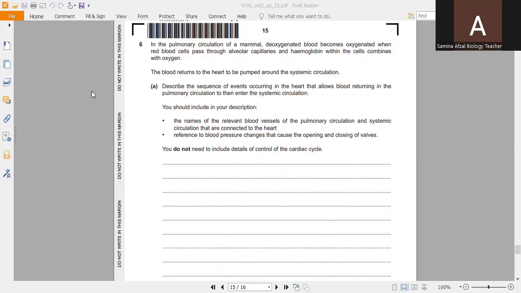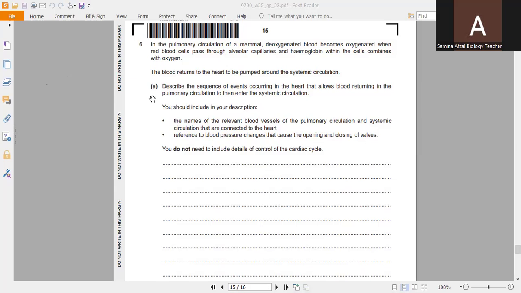Describe the sequence of events occurring in the heart that allows blood returning in the pulmonary circulation to then enter the systemic circulation. You should include in your description the names of the relevant blood vessels of the pulmonary circulation and systemic circulation that are connected to the heart. Refer to blood pressure changes that cause the opening and closing of valves.